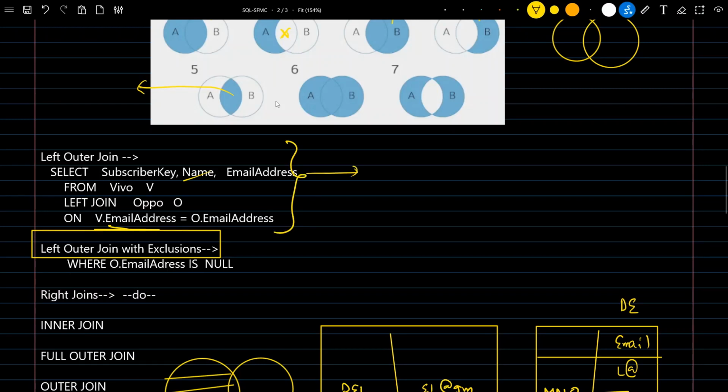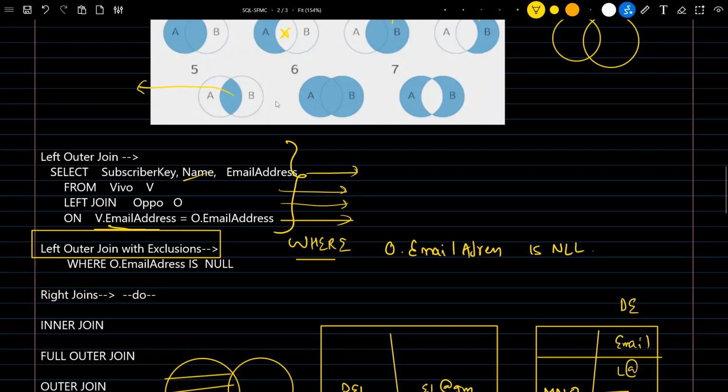Select name, email address from V left outer join O on V dot email address is equal to O dot email address. But we will be adding one more condition. Earlier I told you, wherever we want to use a condition, it will be preceded by where. So where O dot email address is null.